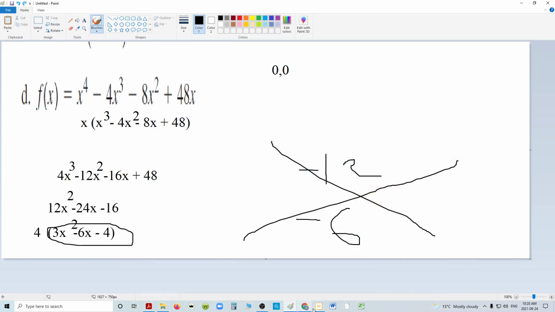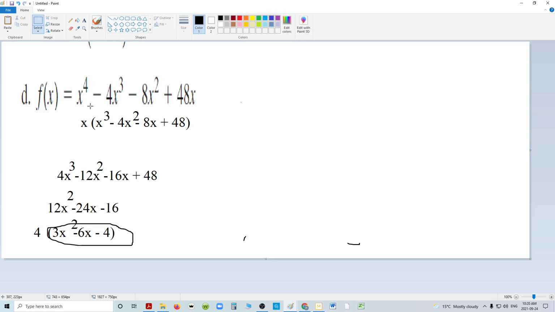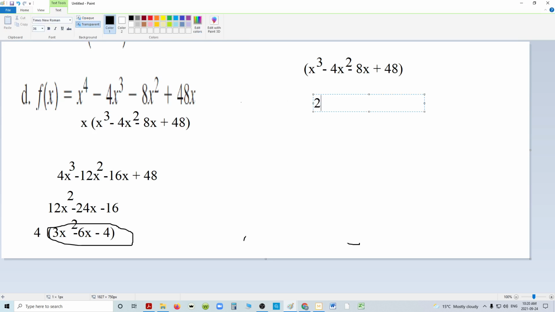So just without graphing it, one thing I could do, I know it goes through 0, 0. So I know one of the factors is 0. So really I only have to factor this. And one thing I could do quite quickly is just take the leading coefficients, make sure I got them right, and just try a couple numbers really fast.